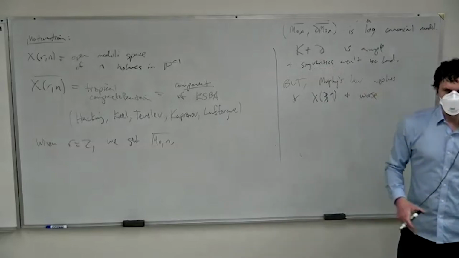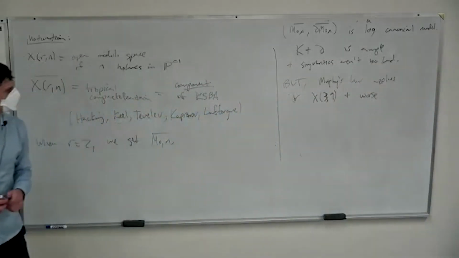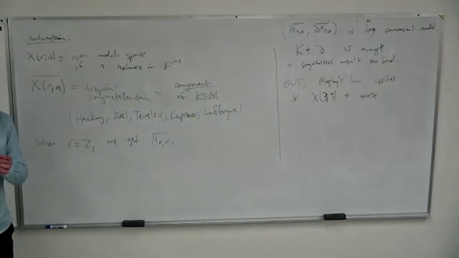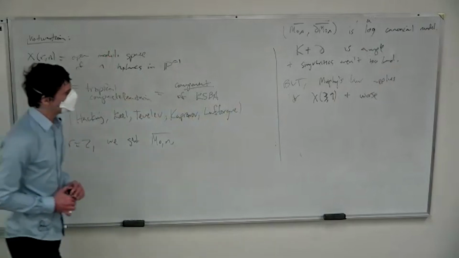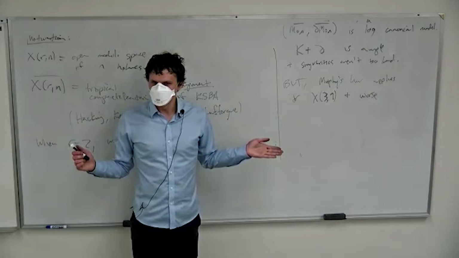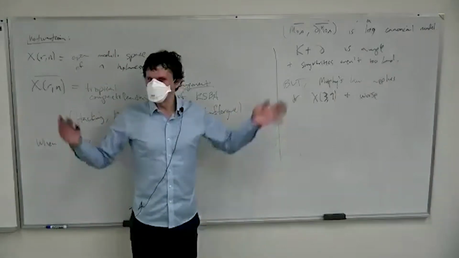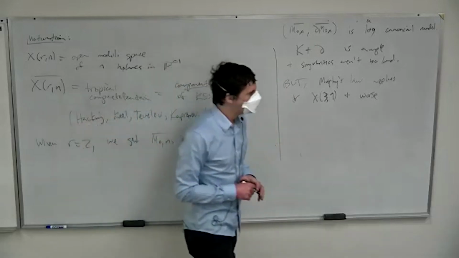And so the authors, especially Hacking, Keel, and Tevelev, have been very interested in this because Murphy's law says that you get every singularity. So they're saying, if you had some way of constructing log canonical models of these things, then you would have a way of partially desingularizing arbitrary singularities, which is a bit crazy.